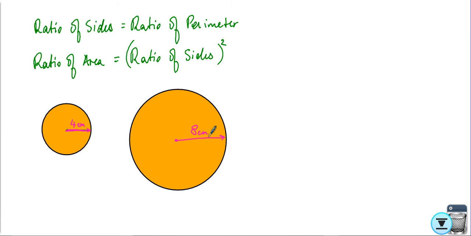If I compare those two tins, I know that the ratio of sides is 4:8, which is 1:2, meaning that the larger tin has a circumference which is twice as large as that of the smaller tin.